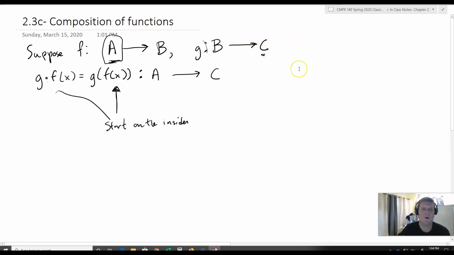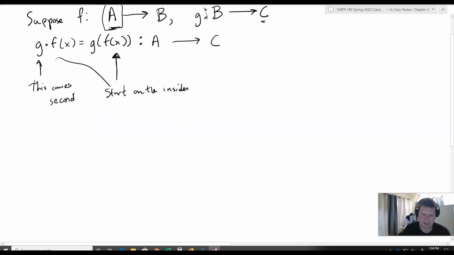This comes second. Let's use a mapping picture to imagine what this looks like.